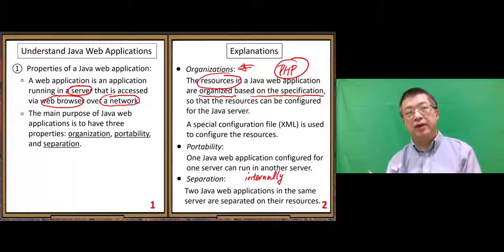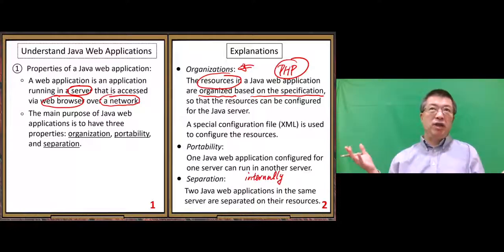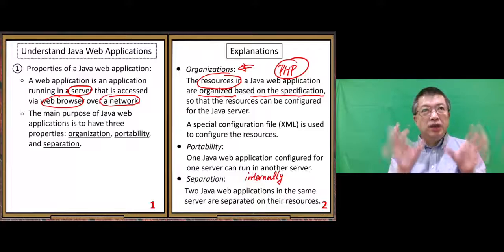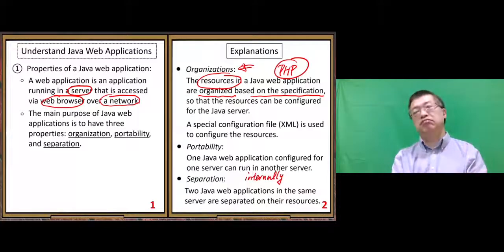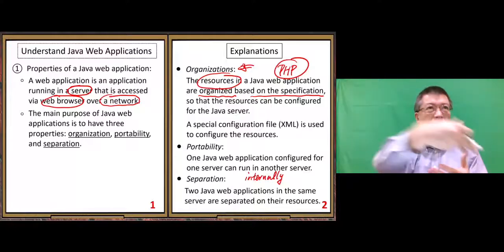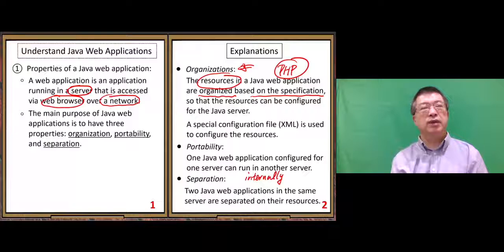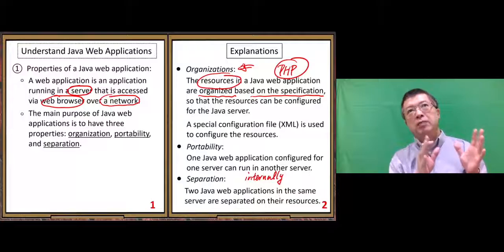Think about these two applications being on the same machine. Usually we may feel we can just go to that directory and get the resource, right? Internally, you are not allowed to do that. The reason is better protection.